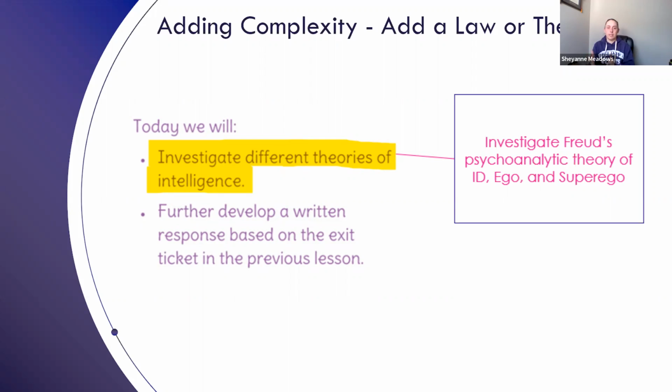We're going to give the high ability students an article about Freud's psychoanalytic theory of id, ego, and superego. So already we're upping the reading level, and we're also upping the cognitive level in terms of the ability to manage such a complex psychoanalytic theory.